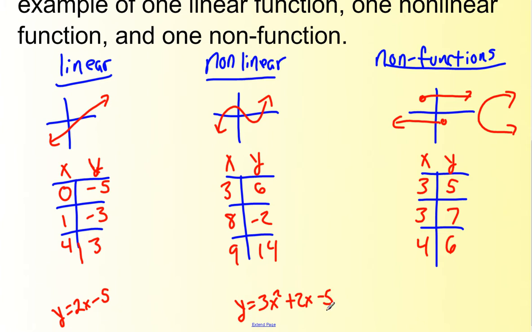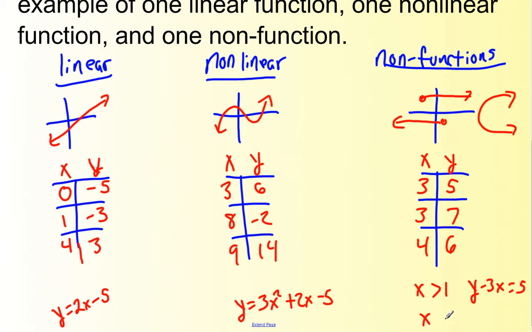And I don't know if we ever talked about equations of non-functions. I don't think so. And they're extremely complicated. You can use something like a piecewise function that basically says when the x value is greater than 1, you use something like y equals 3x plus 5.